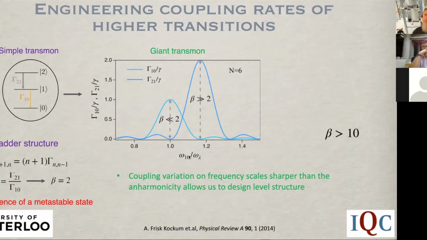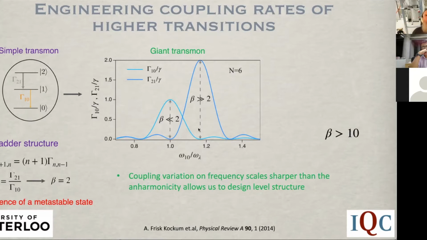The main point is I arrange it so the 1-0 transition is at a constructive interference frequency, while the 1-2 transition is at a destructive interference frequency. And I can do that because it is anharmonic. And if I can make this peak sharp compared to that scale, then I can try to arrange to do that.